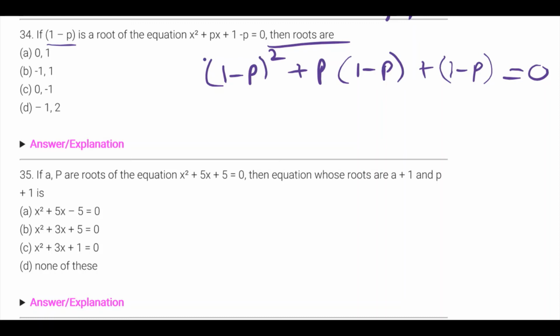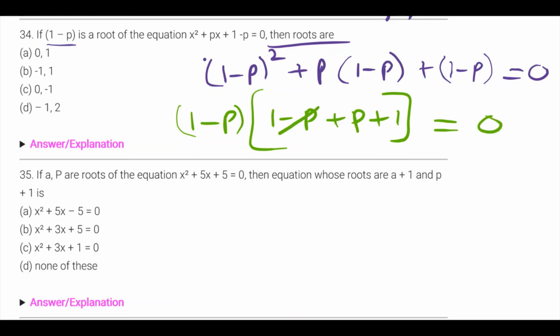In the entire equation I can take out 1 minus p common. So here it is 1 minus p plus 1 equals to 0. Minus p plus p gets cancelled. 2 into 1 minus p equals to 0. So p equals to 1.